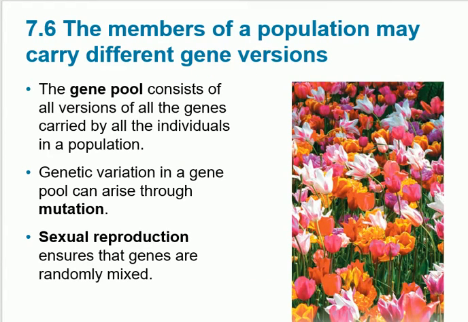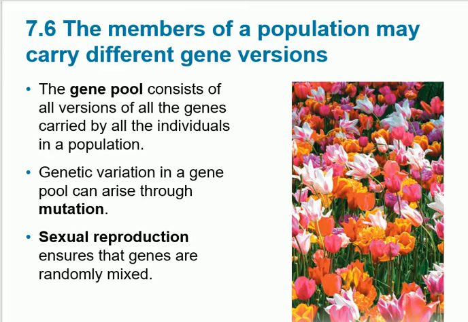Now, if we're talking about members of a population, let's say we're talking about the fish population. Fish is a population, right? So if I collected all genes of different types, all versions, from individuals in that population, I will call that the gene pool.